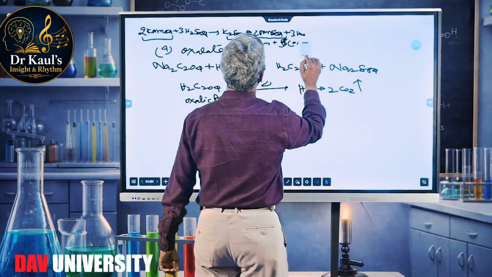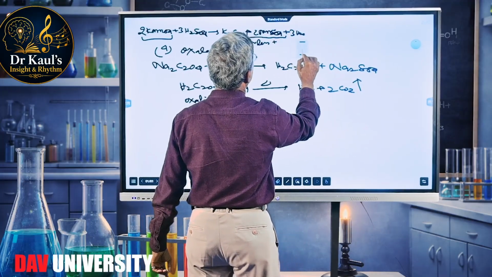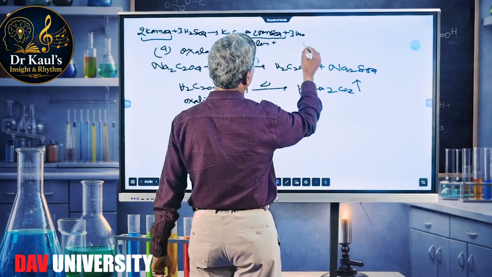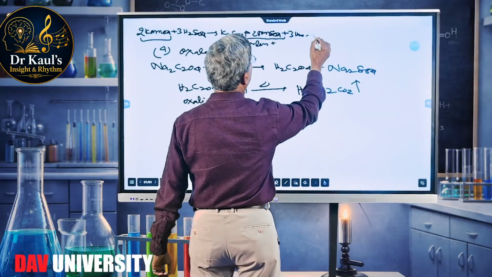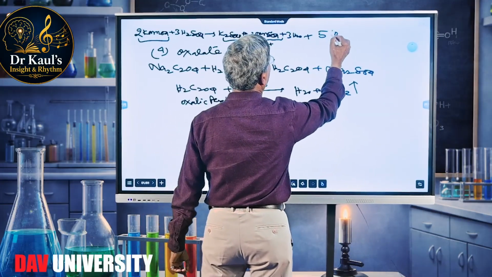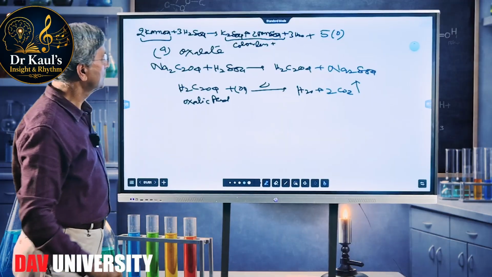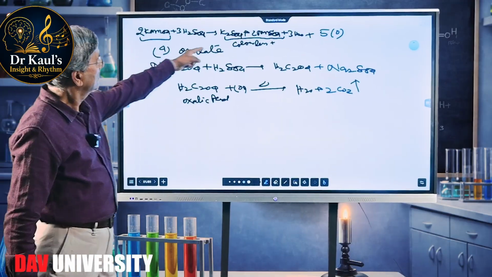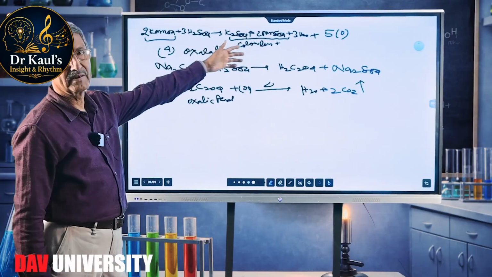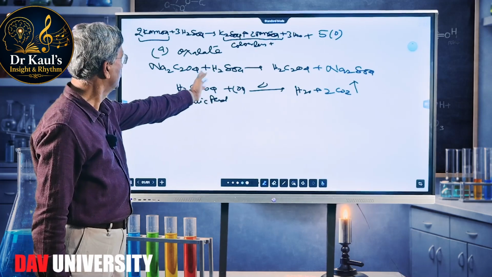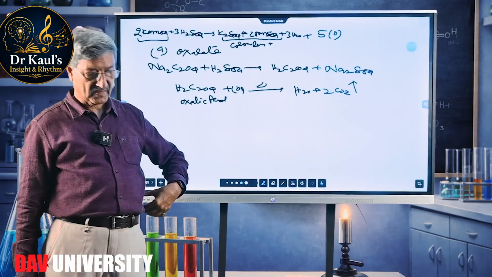So I'll write this equation in a little better manner. So in this way, KMnO₄ changes into manganese sulfate, color is discharged, and the nascent oxygen is consumed by oxalate.